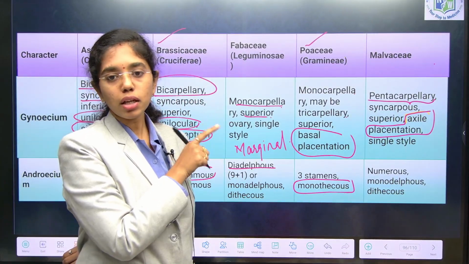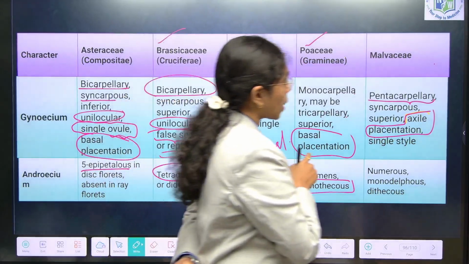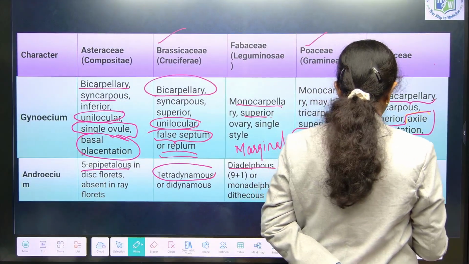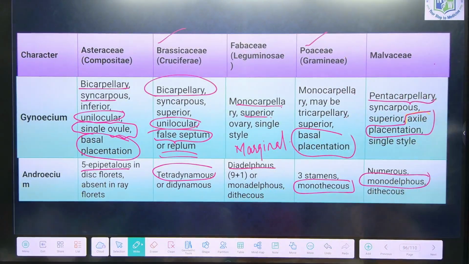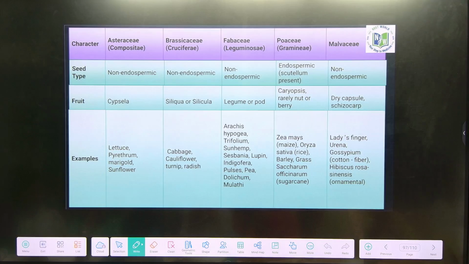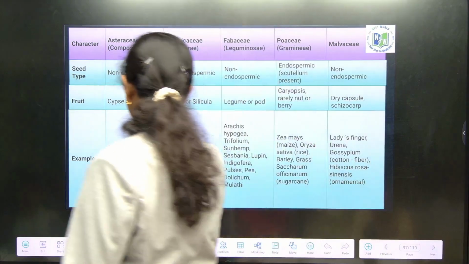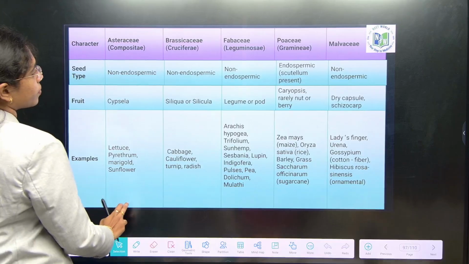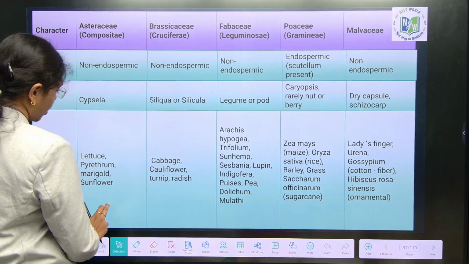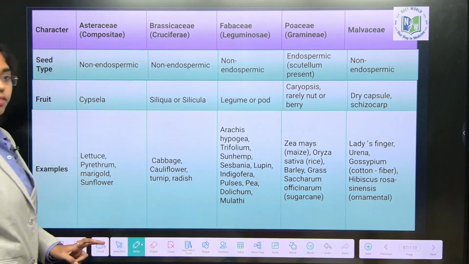In Malvaceae it is monodelphous. Example, China rose or hibiscus. Last, seed, fruit, examples. Examples are very important. Hold on. Last slide of your favorite chapter.